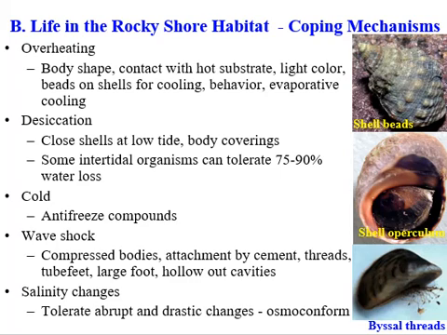And then in terms of salinity changes, let's say you're in a part of the rocky shore intertidal ecosystems that are tide pools. If you're in a tide pool, the water evaporates and it becomes hypersaline. It's really salty and you've got to tolerate that. Let's say you're in a tide pool and it rains.